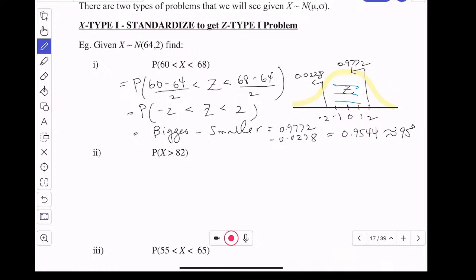Which is just about 95% if you round it to whole percentages. Any questions? So this is known as a type 1 problem. It's basically looking for a probability. But I begin with a distribution that's not standard normal, and I convert it to standard normal so I can use the standard normal table.